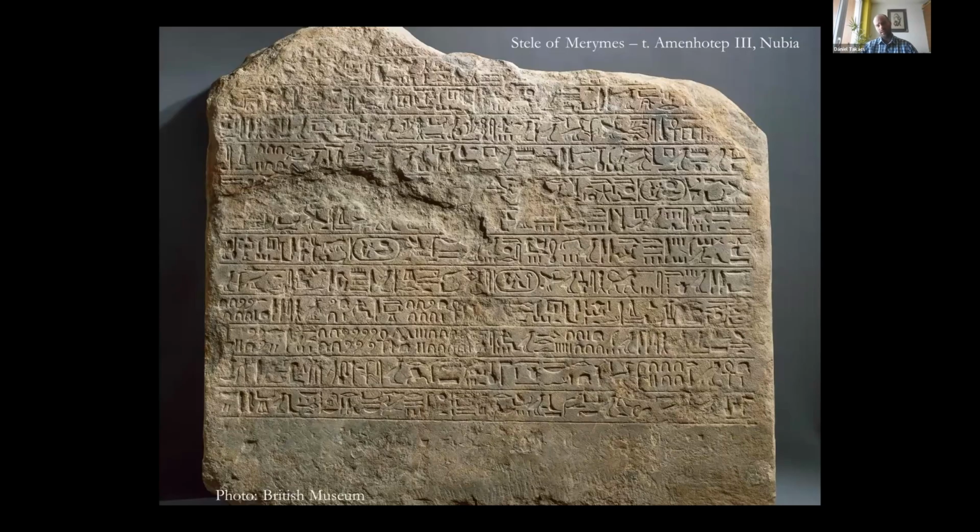So that's 18th dynasty, roughly 1400 BC, where there was a rebellion, and when putting down the rebellion, Marimas, who was the governor of Nubia, boasted about his achievements in putting down this rebellion and the achievements of the king, where he used a very particular sign in the middle of the stele that I will zoom in on in the next slide, and I will point out to you what is special about this sign and how it functioned in terms of this underlying Egyptian theory of images.